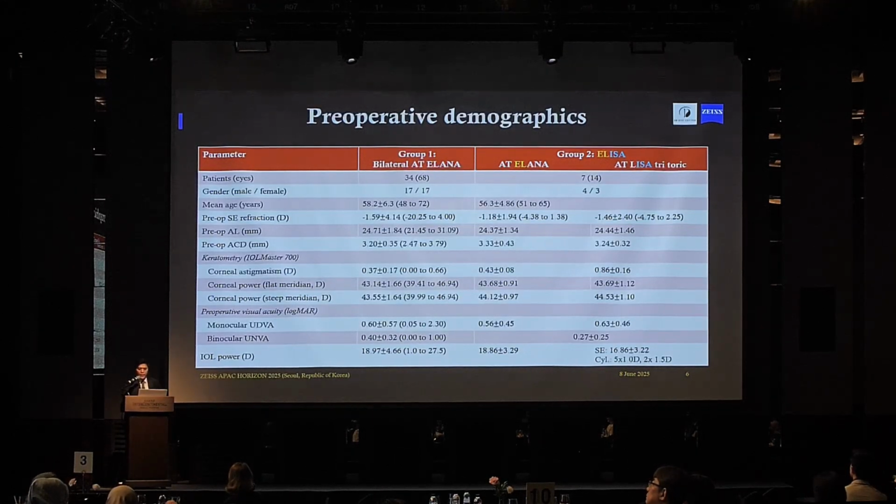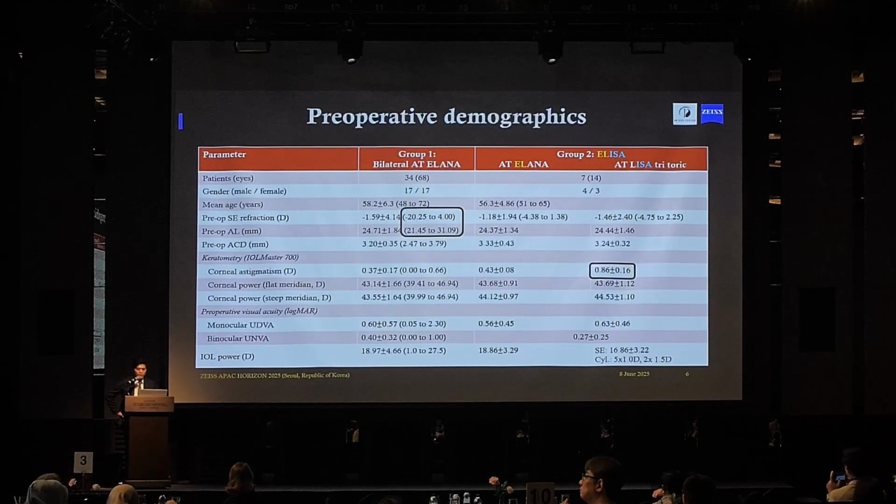Looking at the preoperative demographics in the bilateral Atlanta group, the range of patients was quite diverse, from extreme myopes with axial lengths of more than 30 millimeters to hyperopes. In group 2, you will instantly notice the reason for choosing a toric IOL in one eye. Mean corneal astigmatism in that sample was 0.86 diopters.